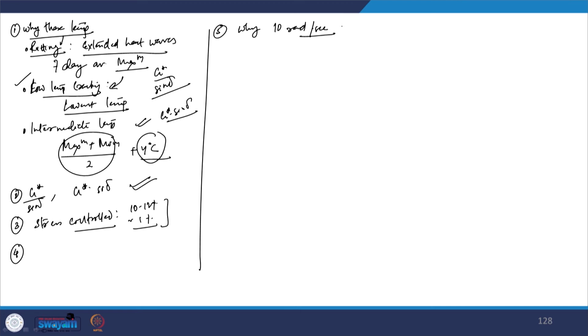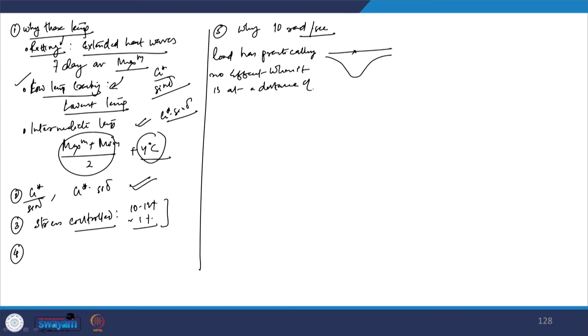One form says that if you see one point and the stress at this particular point, studies have shown that the load has practically no effect when it is at a distance of 6 A from the point, alright.